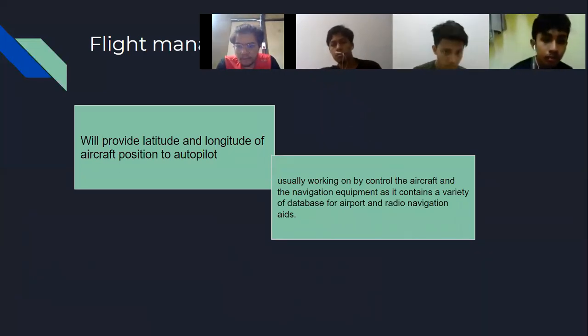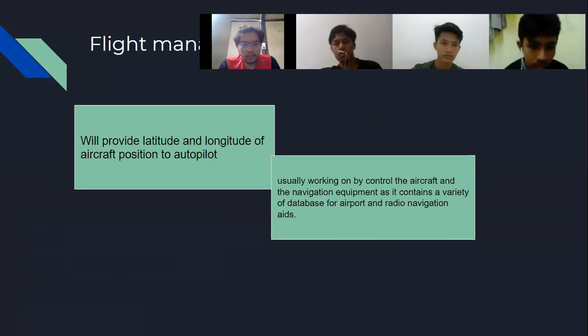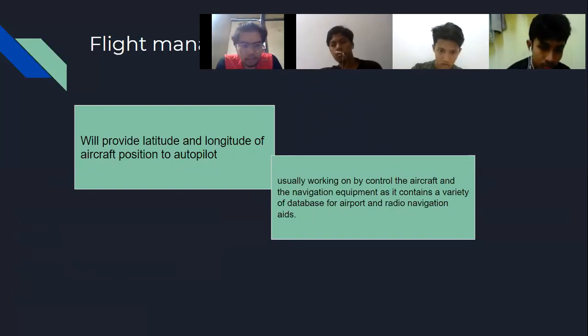So flight management work is when it will provide the latitude and longitude of the aircraft position to the autopilot. So when it recognizes the latitude, it will send the information to the autopilot, and the autopilot after that will conduct the aircraft.